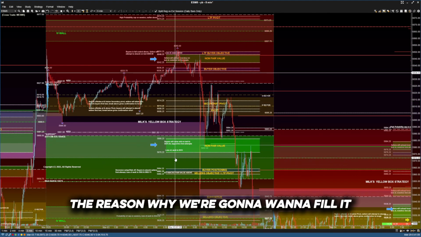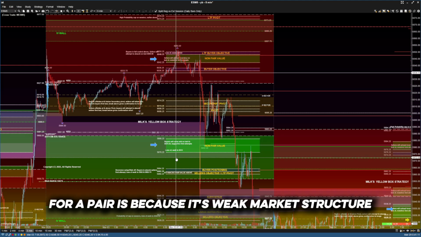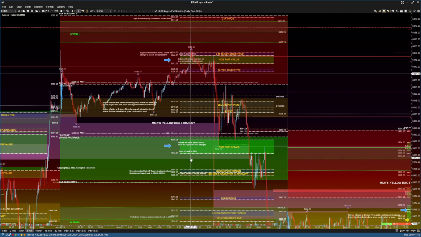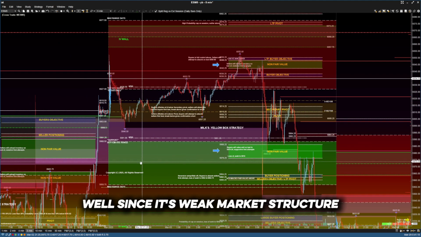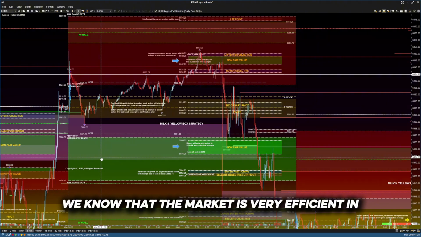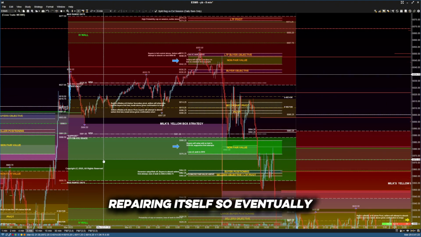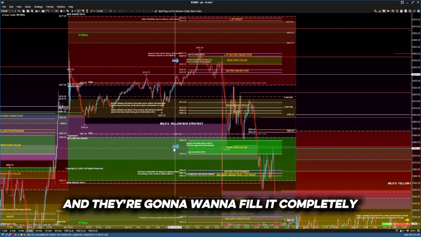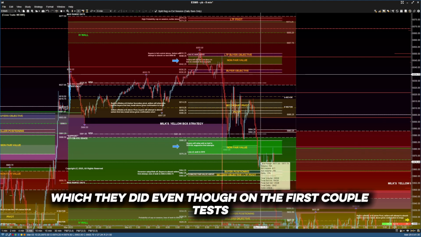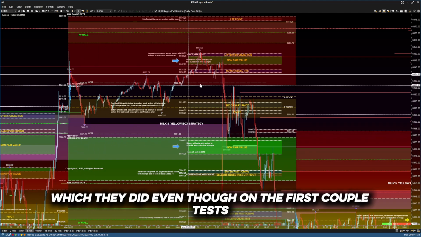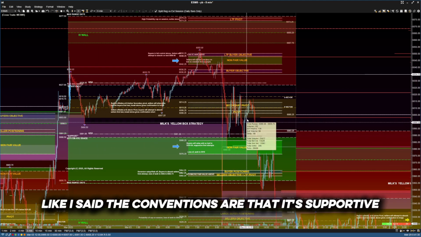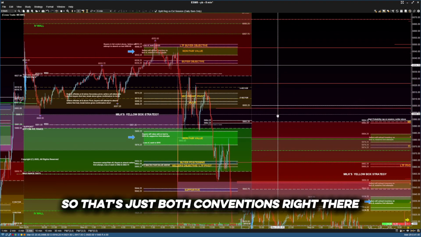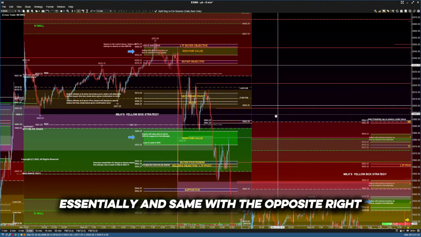The reason is that it's weak market structure, and the market is very efficient in repairing itself. So eventually this is a target that sellers are going to want to repair and fill completely, which they did, even though on the first couple of tests, like I said, the conventions are that it's supportive. So that's both conventions right there.